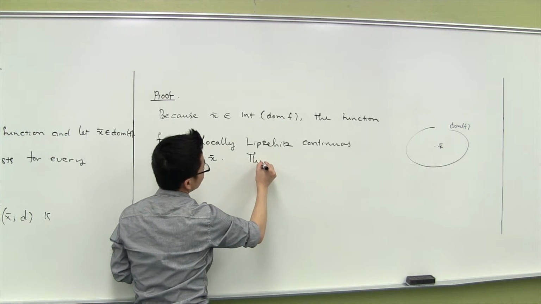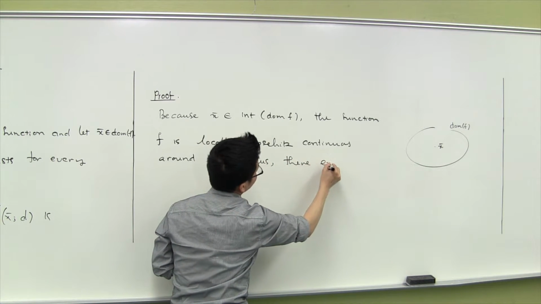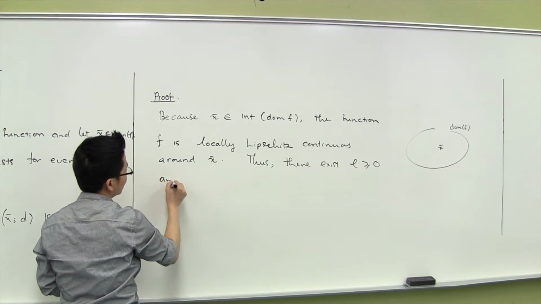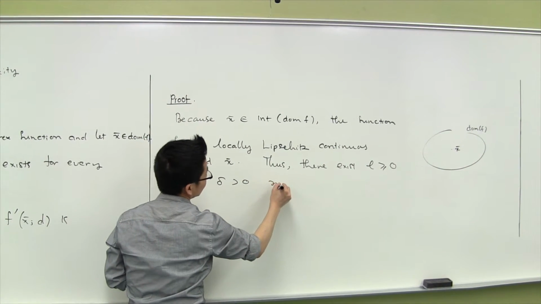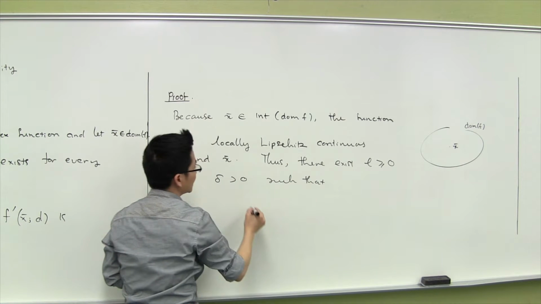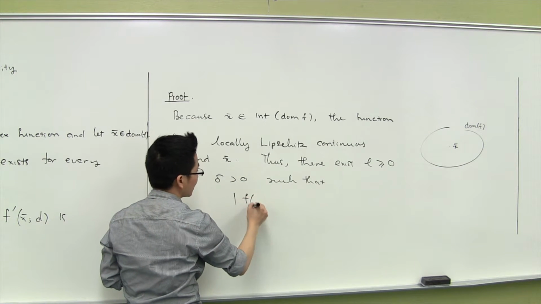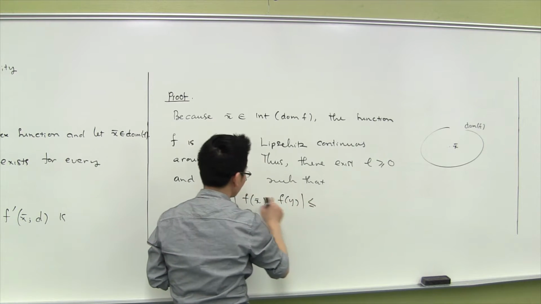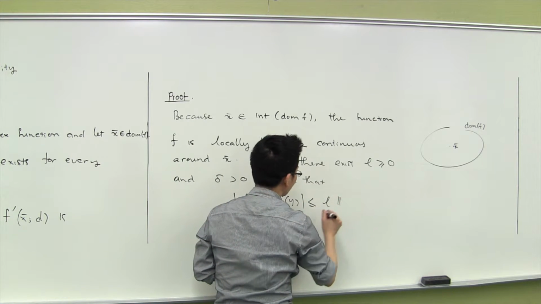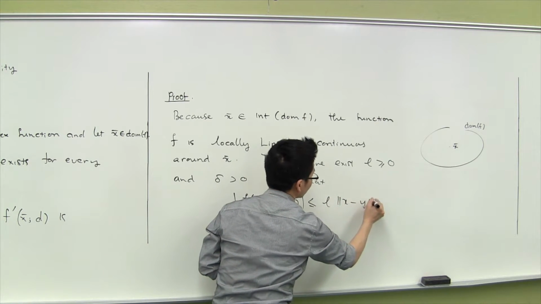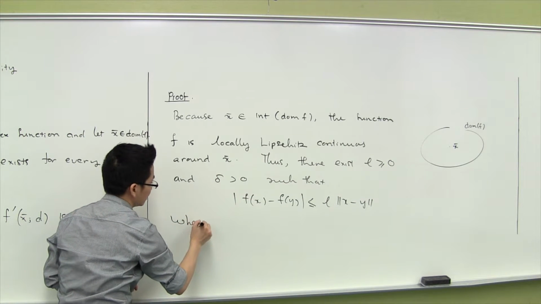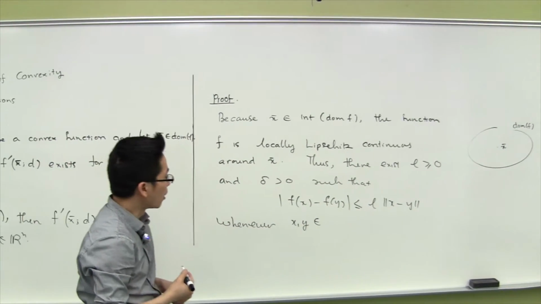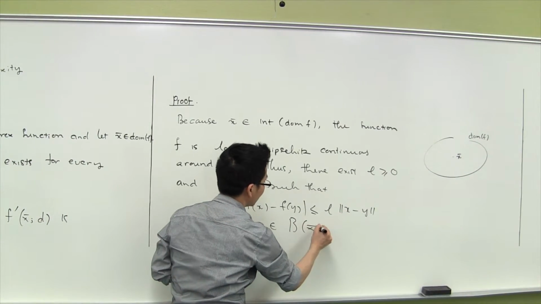Okay. Thus, there exists L greater than or equal to 0 and delta greater than 0 such that the absolute value of f of x minus f of y is less than or equal to L times norm of x minus y whenever x and y are in the ball with center at x bar and radius delta.